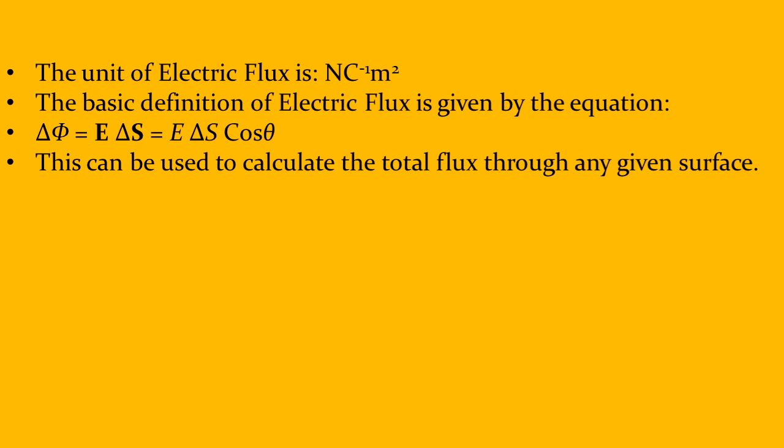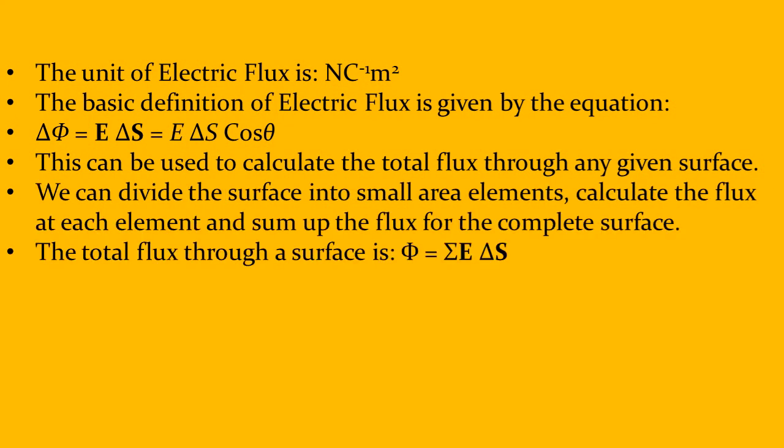Now this can be used to calculate the total flux through any given surface. We can divide the surface area into small elements. Then calculate the flux at each element and sum up the flux for the complete area. So the total flux phi through a surface, I get by a summation of E delta S for each element.